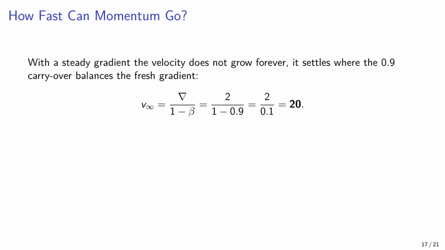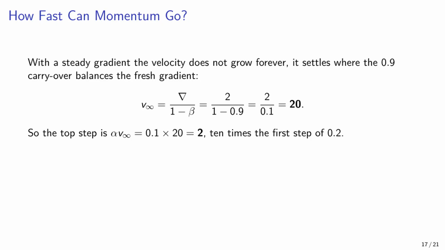That is 2 over 0.1, which equals 20. So the top step is alpha times 20, which is 0.1 times 20 equals 2. That is 10 times the first step of 0.2.